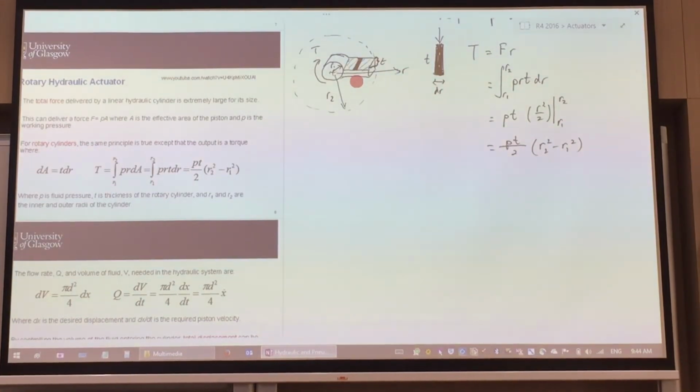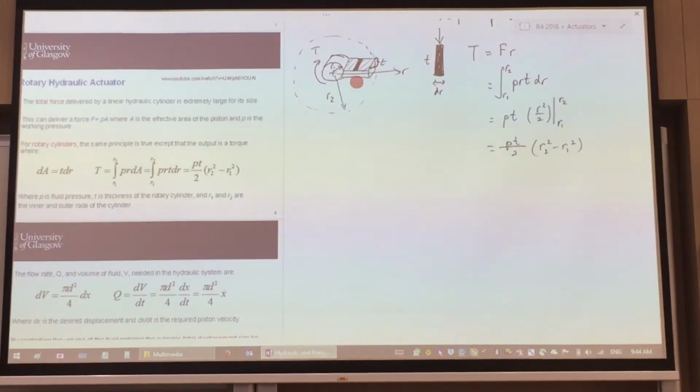What do you think controls the shaft? You've got to control the rotational speed. So we can make use of these two factors to control how our shaft would respond, both for position and for speed.